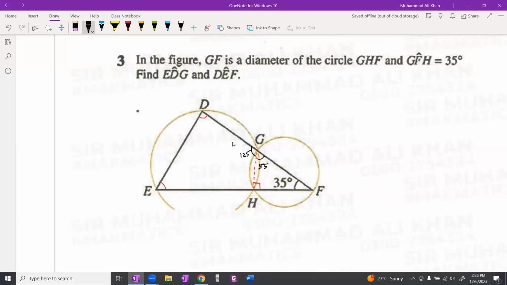EDGH is cyclic quadrilateral. So this and this sum equals to 180. So therefore it will be 180 minus angle E, 180 minus 125. So it will be 55, angle DEF.